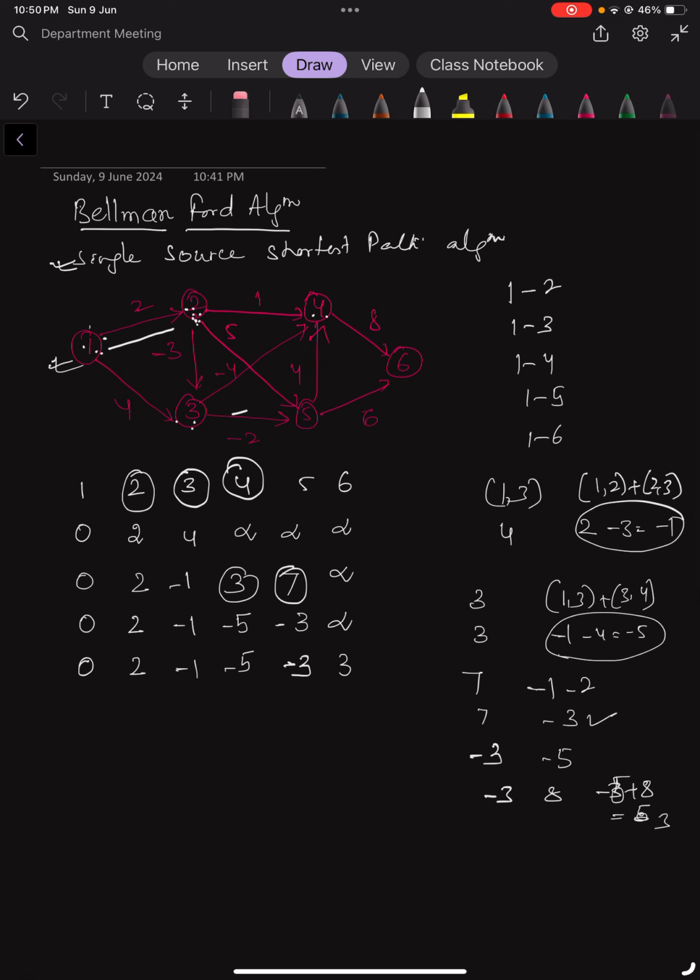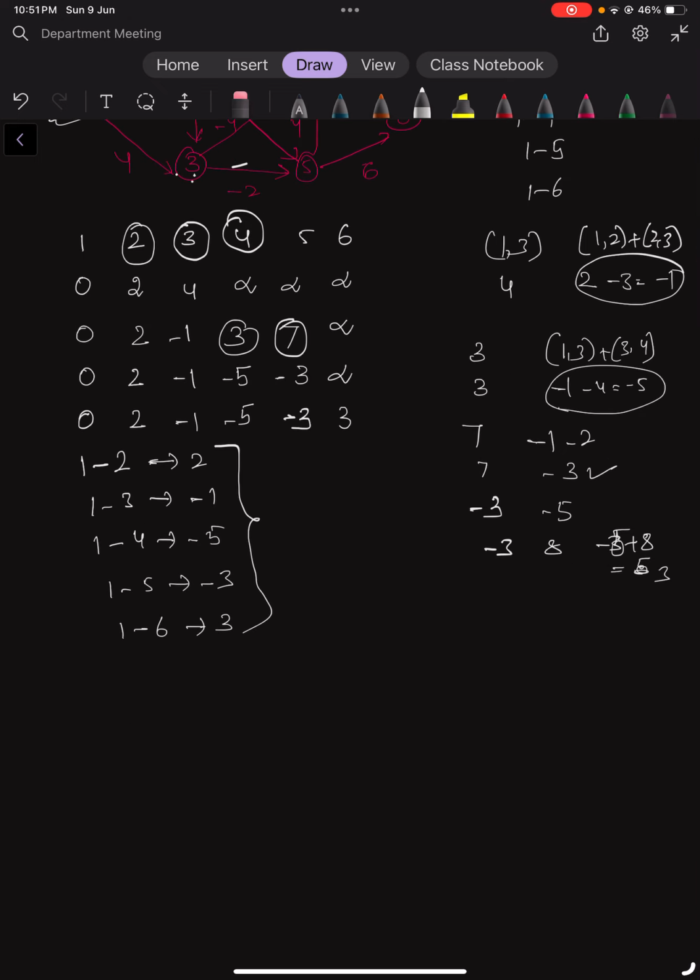So what are the distances? 1 to 2 is 2, 1 to 3 is minus 1, 1 to 4 is minus 5, 1 to 5 is minus 3, and 1 to 6 is 3. So these are the shortest distances from the single source. What is the single source here? 1 is the single source here.